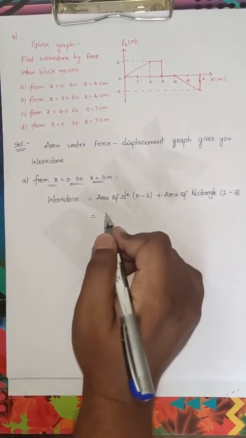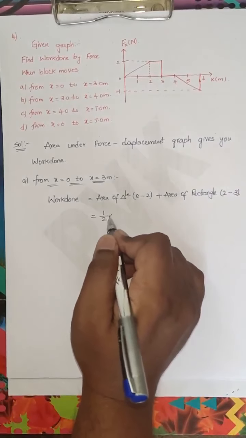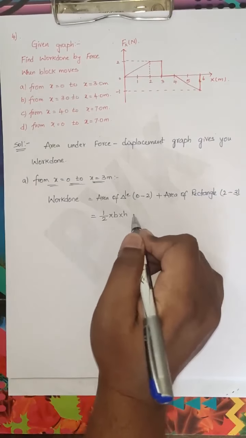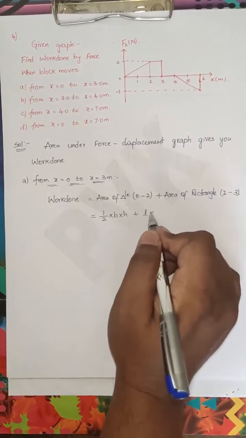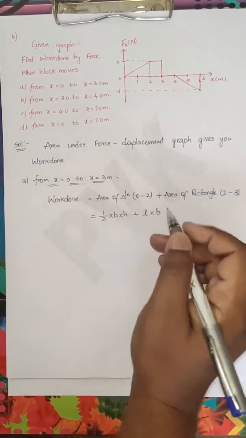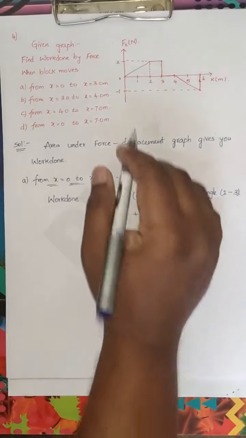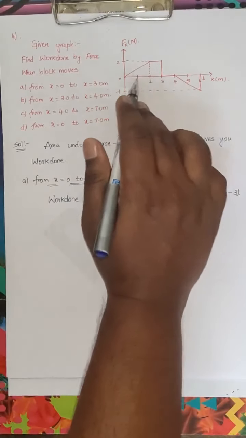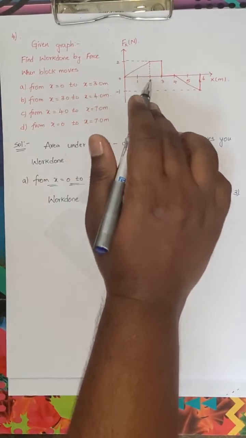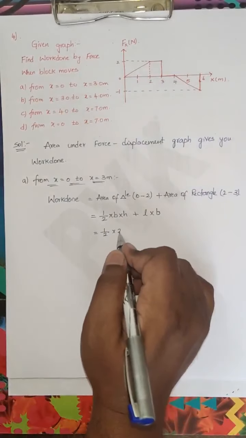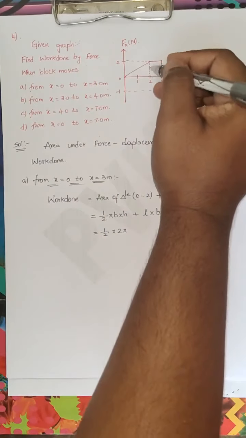Area of triangle we already know, half into base into height, plus area of rectangle, length into breadth. So from the graph, substituting the values: half into base, half into base into height, so 0 to 2, that will be 2, into height, again it is 2.